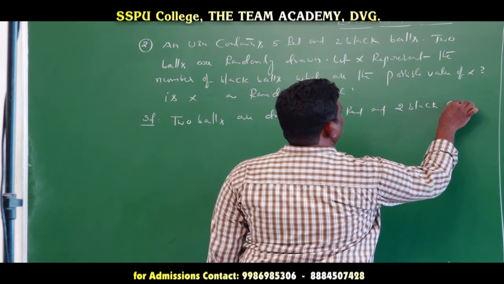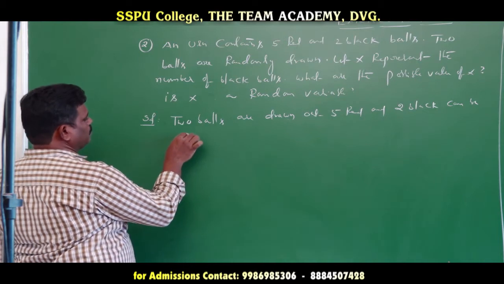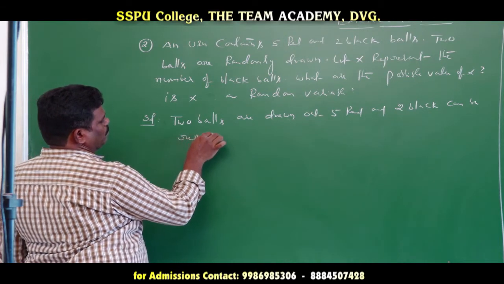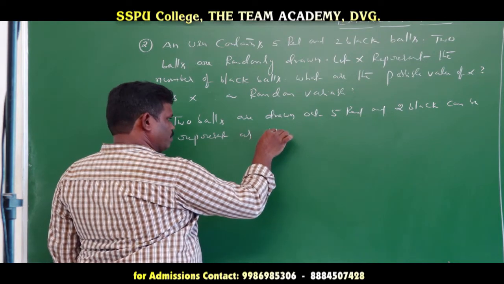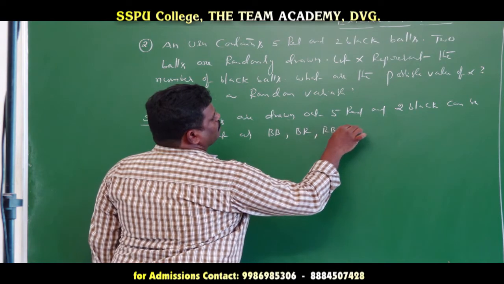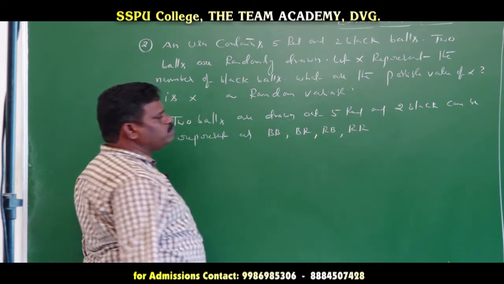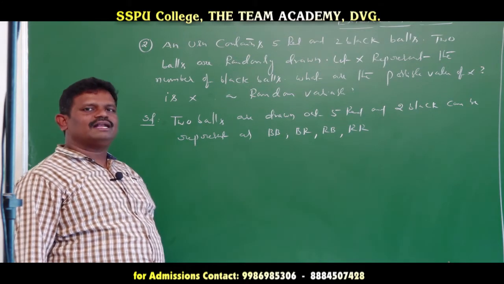The outcomes can be represented as BB, BR, RB, RR. Means what? Both are black balls, one black and one red, one red and one black, both are red balls.